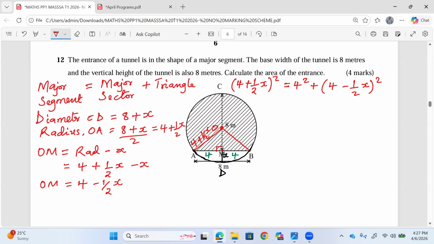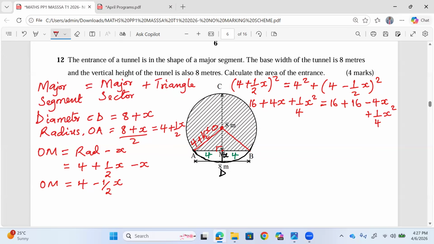After applying Pythagoras theorem, we can now expand where possible. So 4 plus half x squared means 16 plus 4 times half times 2, which is 4x, plus a quarter x squared. This is equal to 16, and we expand the brackets, minus 4 times half times 2, that becomes minus 4x, plus a quarter x squared.